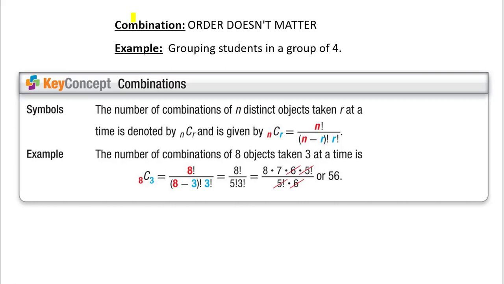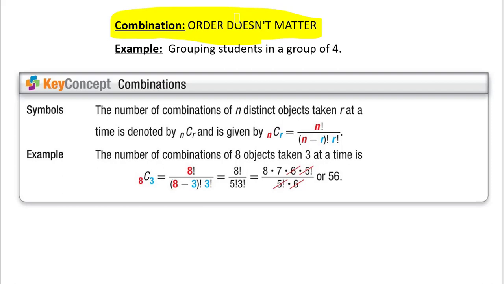So a combination. Combination, order doesn't matter. So I think of groups. I think of the groups in our classroom. The order doesn't matter. Or, because I'm always thinking about food, think about a pizza. A pizza with sausage, onions, and mushrooms is the same thing as a mushroom, sausage, onion pizza.